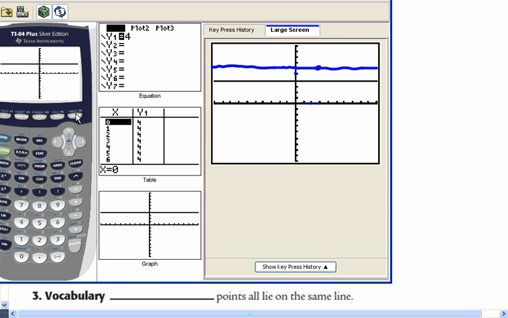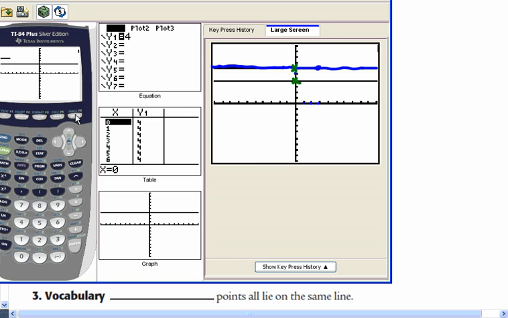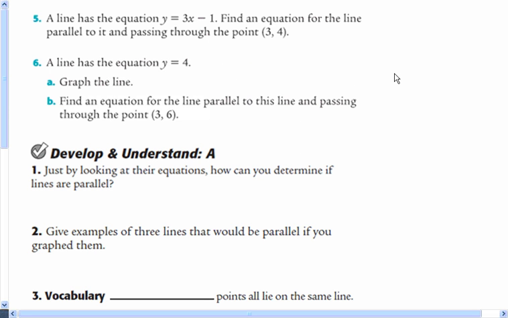It's just that instead of going through the point 4 on the y-axis, it needs to go through the point 6 on the y-axis. So I think that equation will be y equals 6. And there it is. So y equals 6.